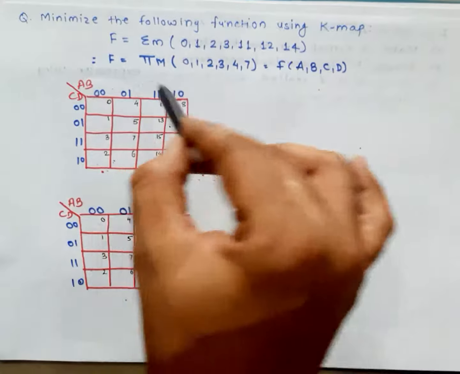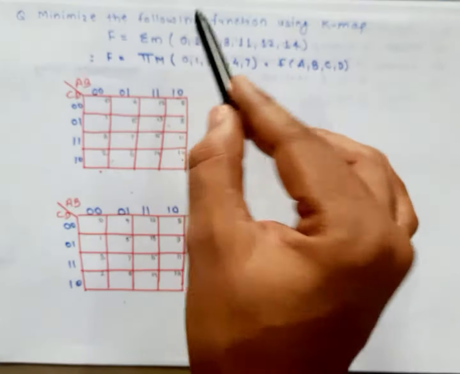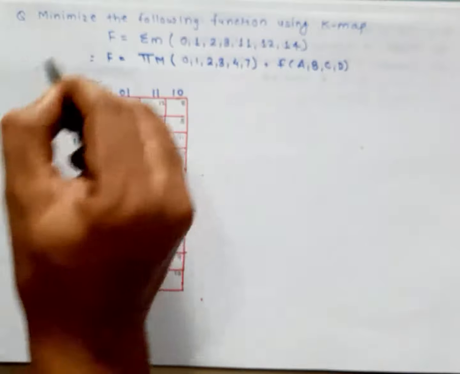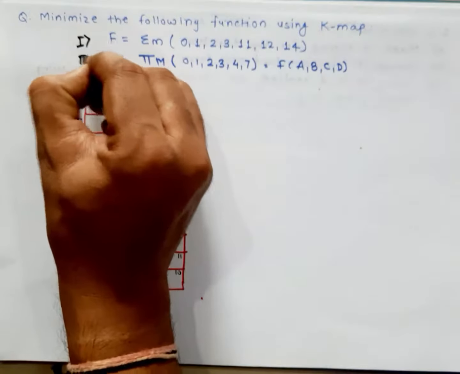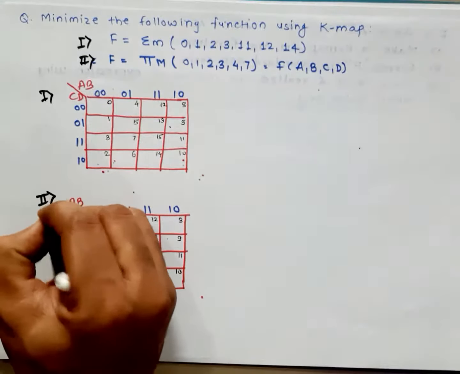Now consider the first function, that is summation of m. So it is an SOP function. So we'll design the K-map for the SOP function first. This is for the first and this is for the second equation.